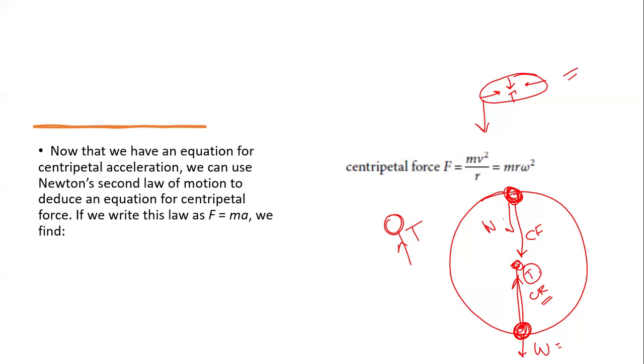At the bottom, the tension in the string has to be large enough that it can provide the centripetal force needed to keep it in circular motion and also overcome the weight of the object.